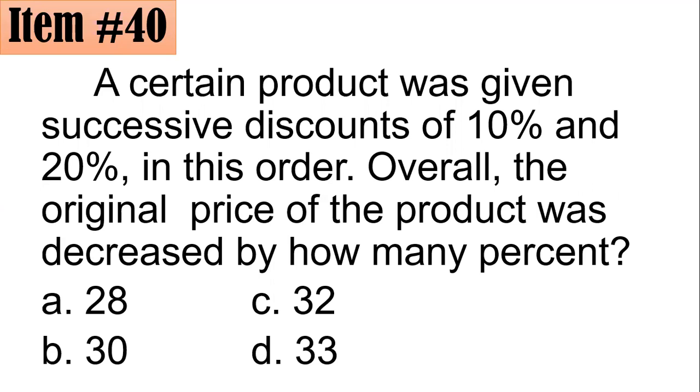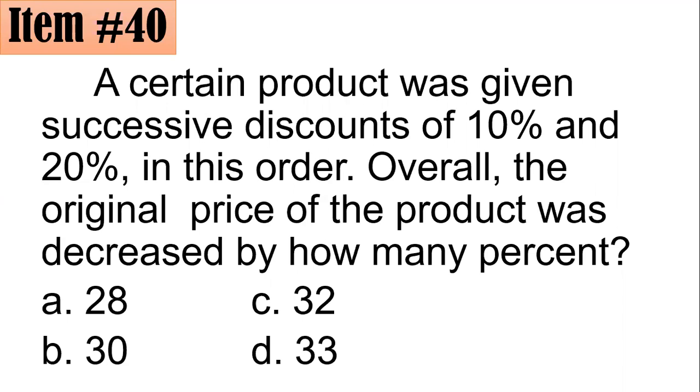Sir Freddy has another way. Please explain for us, Sir Freddy, what you did. Good evening. So for ease of computation, I let the original price be 100 pesos or $100, whichever it may be. The first discount is 10%. So 10% of 100 is 10. I subtracted it from the original price, which is 100.